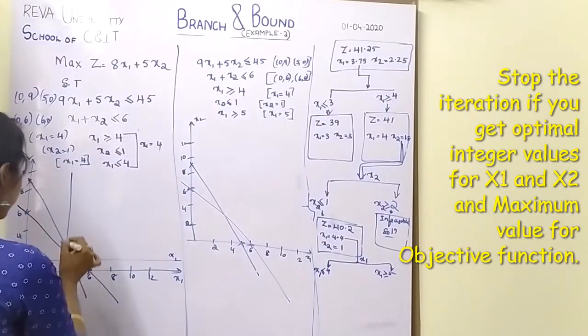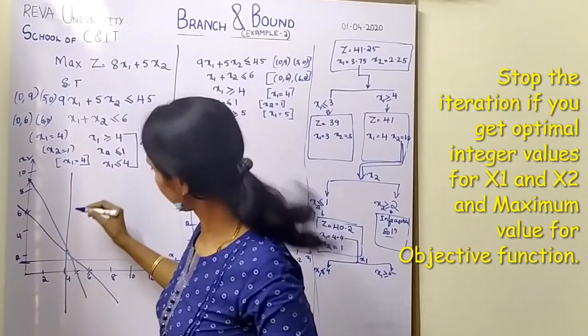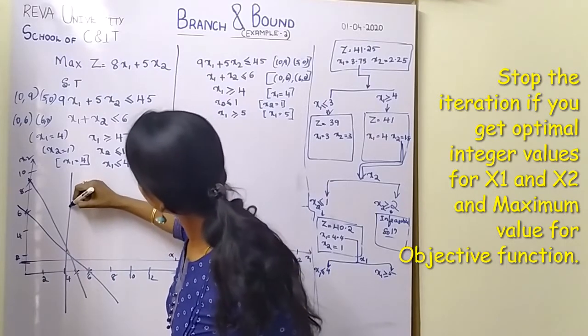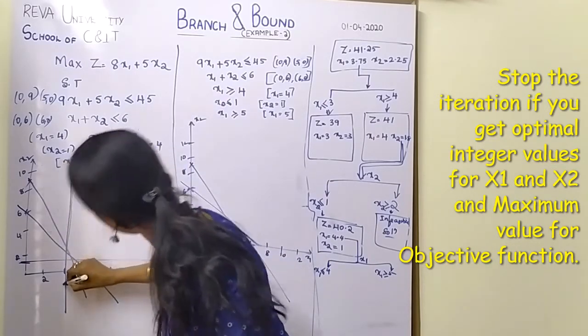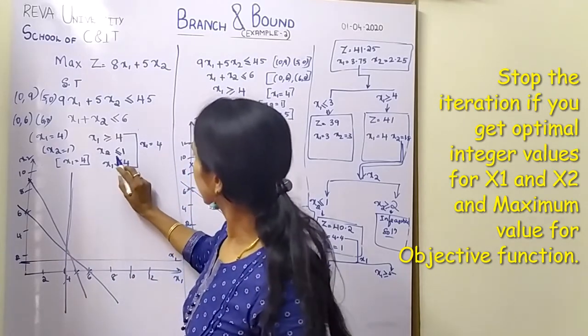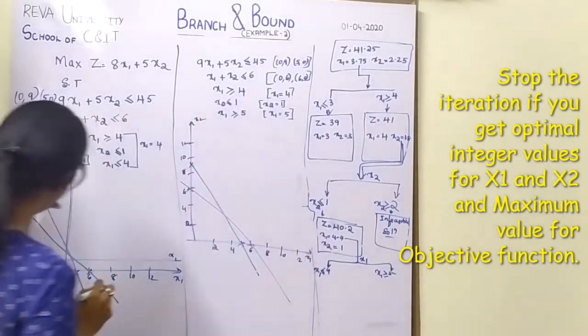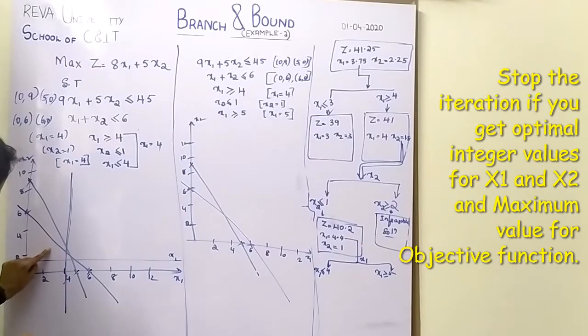So what are all the points now? See, x2 should be less than or equal to this, and if you observe here, x1 values are all lesser. It should be within this region.